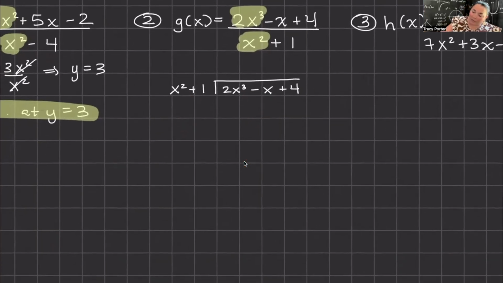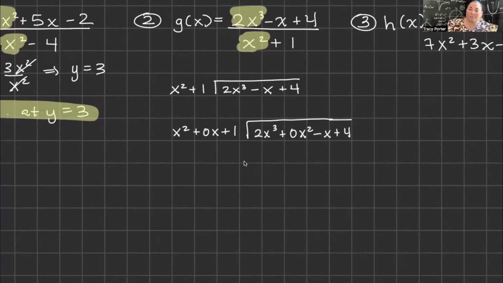So let's rewrite our division problem. We're going to make it look like this: x squared plus 0x plus 1. And that way it has placeholders. And then 2x cubed, we're going to put a 0, x squared minus x plus 4. Okay, so you want to add the placeholders.